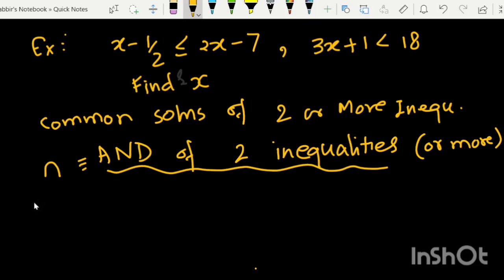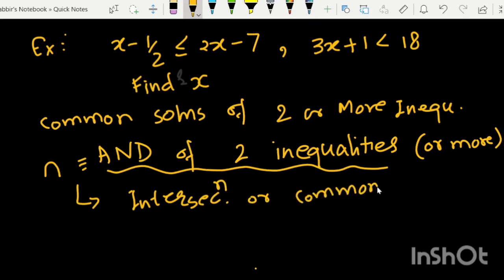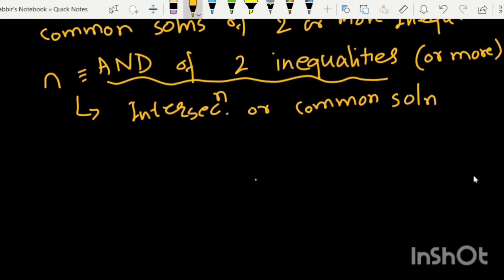So what we have to do, we have to find intersection or common solution. We have to find intersection or solution which is common to both. So how do we find the intersection of the two inequalities? We will see that with some example, guys.